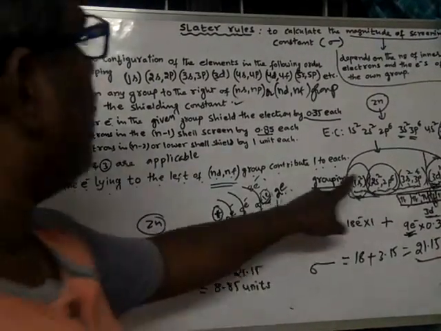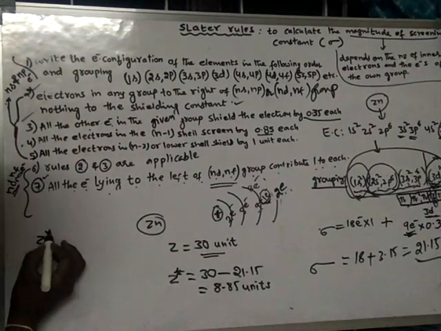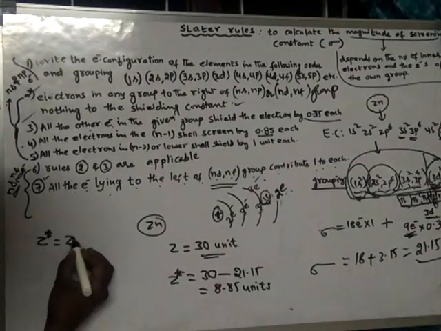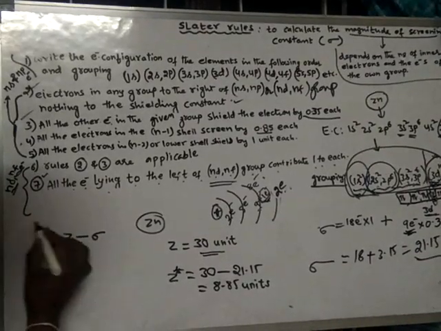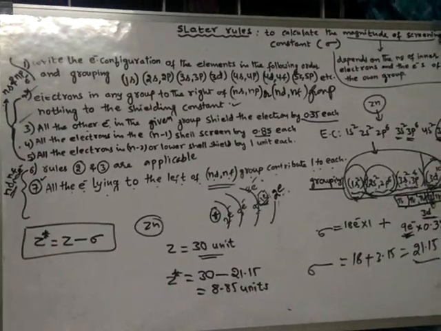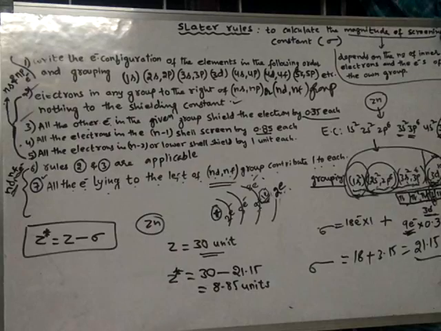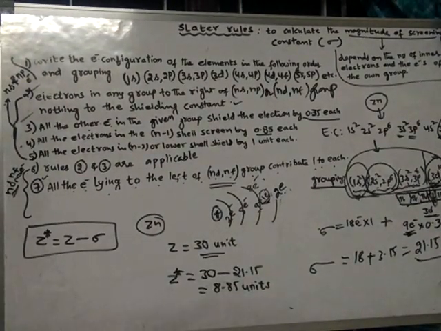Effective nuclear charge is always equal to the actual nuclear charge, or atomic number, minus the screening constant. In this way we will calculate the effective nuclear charge. Now we will learn the other things tomorrow.